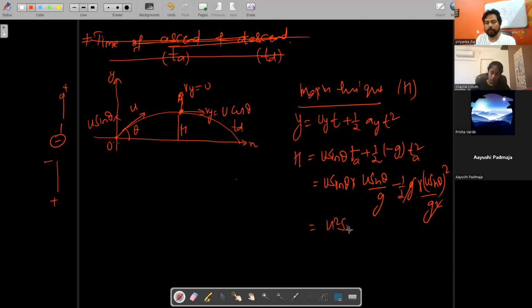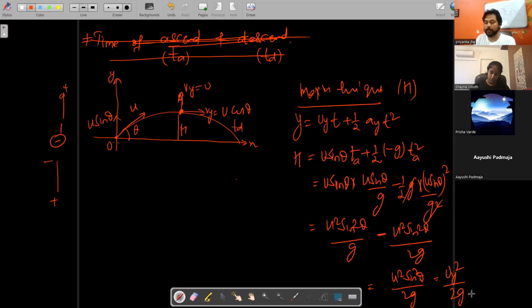So this is u squared sin squared theta upon g minus u squared sin squared theta upon 2g. So you will get finally u squared sin squared theta upon 2g. This is the square of the y component of the initial velocity upon 2g. This is the maximum height achieved in projectile motion. I'll tell you another way as well.